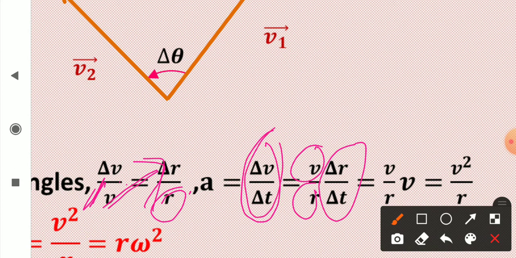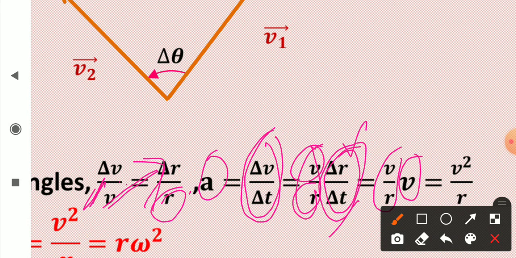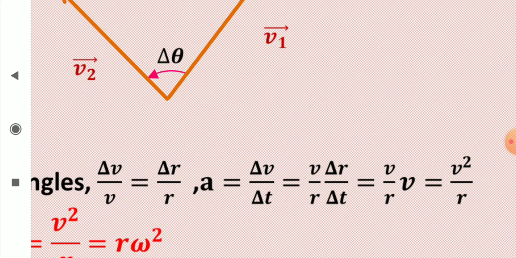And this delta v upon delta t is acceleration a. So in one step only I have done all these things, and this delta r upon delta t is displacement upon time taken, which is equal to velocity. So this v upon r you already have, into one more velocity has come, and multiplying it, you get v square upon r.